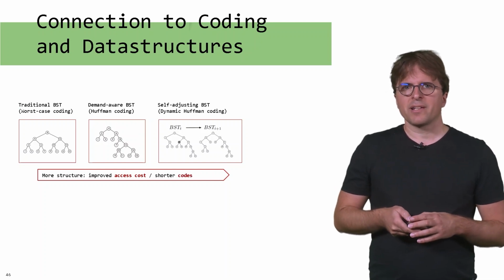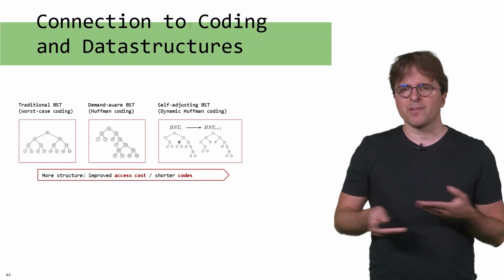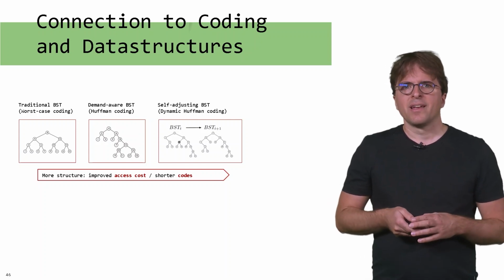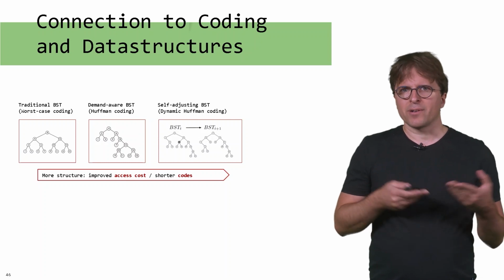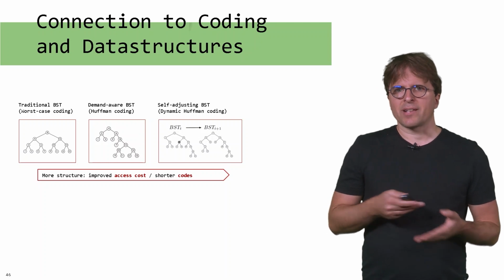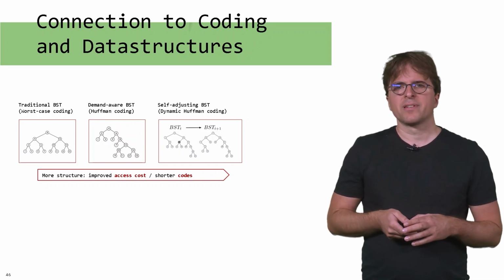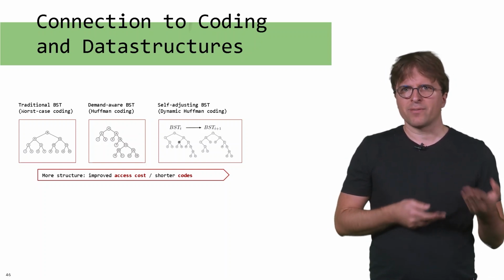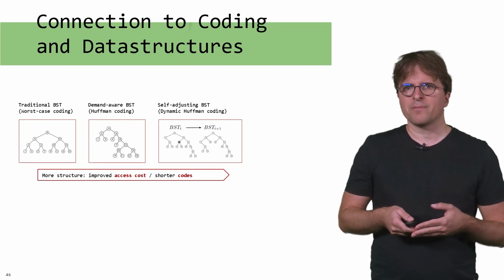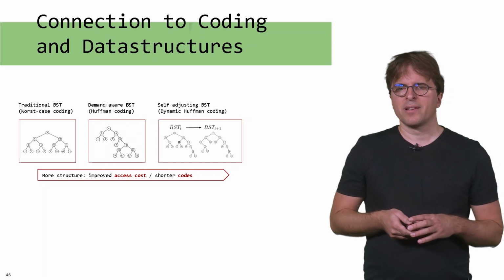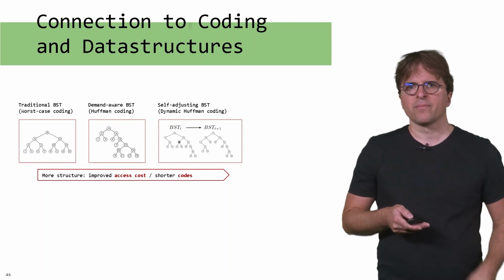And very similarly, this is the case also in coding. If you have a worst case coding, then typically the number of bits that you need per letter is logarithmic. And then you have something like Huffman coding, where you optimize the code towards the distribution. And you also have something like dynamic Huffman coding, where you even adapt the code over time. For example, if you change a language, or if you have a different frequency distribution over time for other reasons, then dynamic Huffman coding is able to adapt the code accordingly.